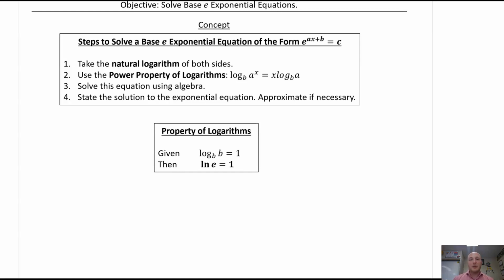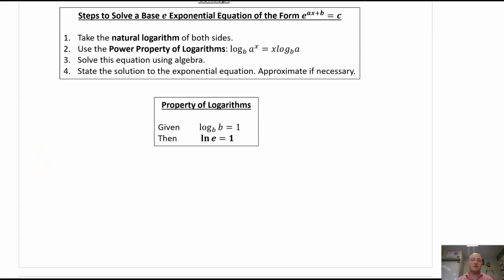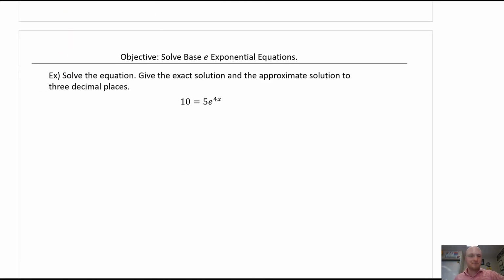After that, we can use the power property to pull any powers that we might have inside logarithmic arguments. And then we will use algebra to solve the equation. Lastly, state the solution. Again, reminder of the property of logarithms, that log base b of b is 1. We're going to be using that idea today.